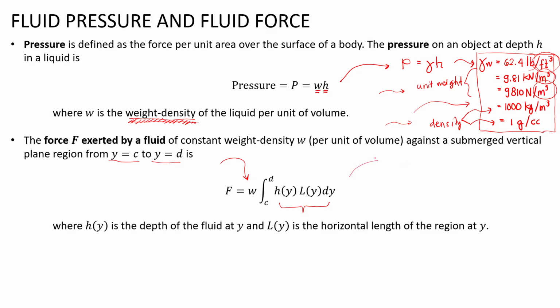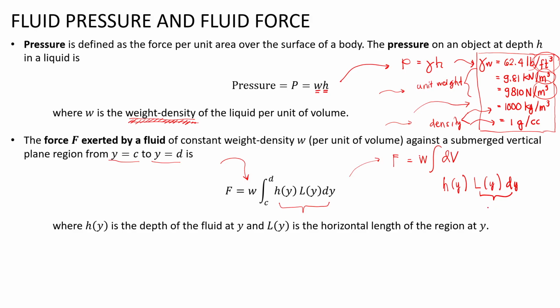So if you try to determine it in an easy fashion, the force is equal to the unit weight, or let's say gamma, times the integral of the derivative of the volume. So that is the easier perspective of the formula. You need to determine the depth of the water, so H, then the length, and the dy.